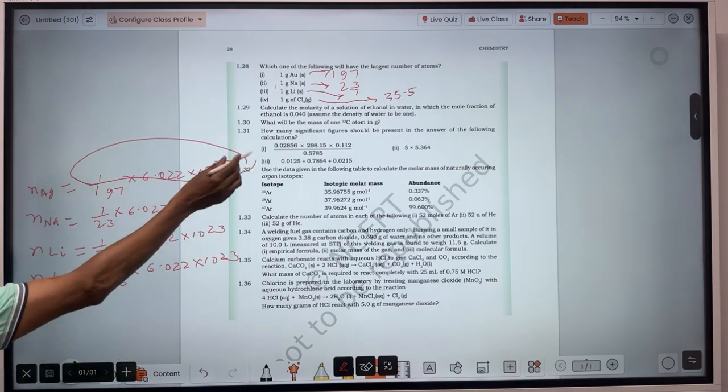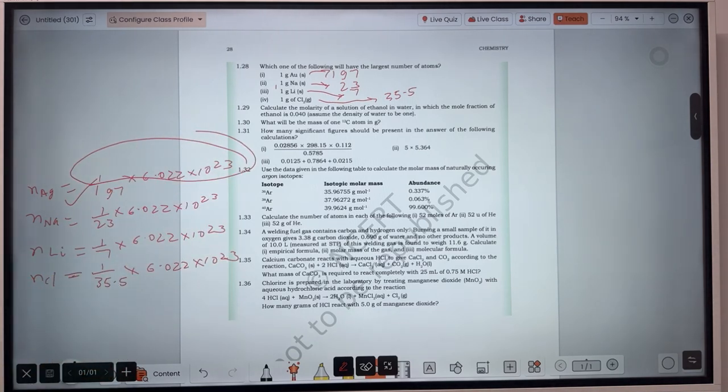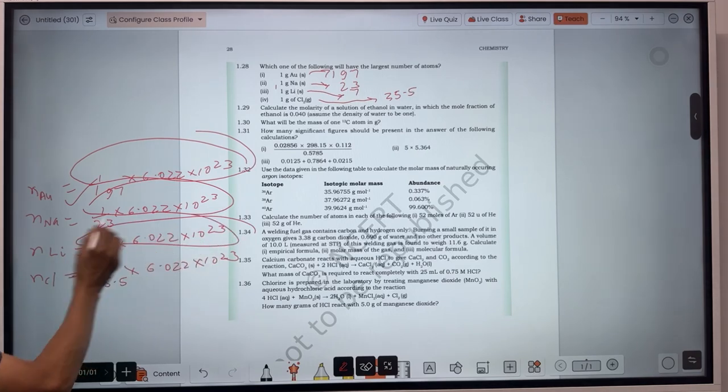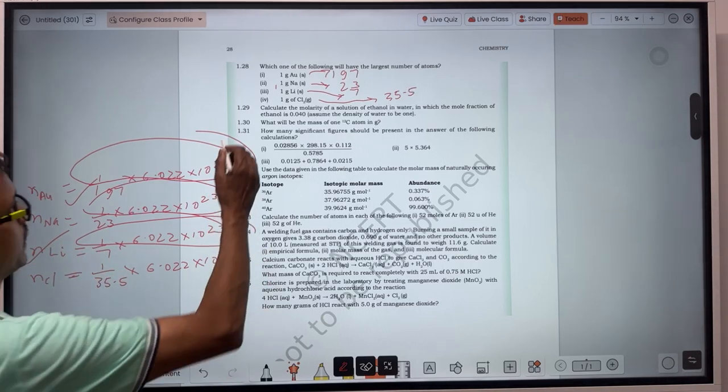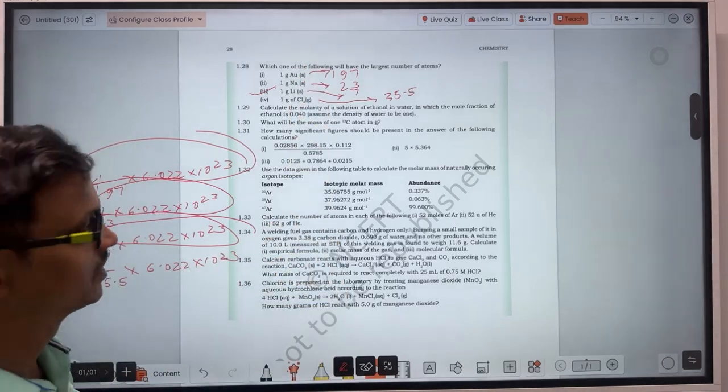So here the numerator is a constant. So the least number of atoms will be in gold. Sorry, here not silver, gold. Here 197, here 23, here 7. So obviously minimum in gold, then chlorine, then sodium, and maximum will be in lithium. So that's why this one.